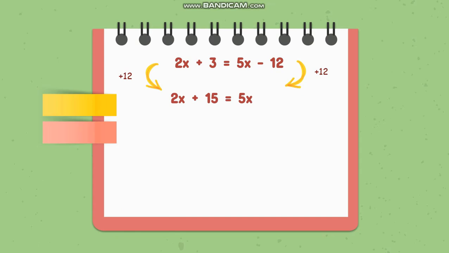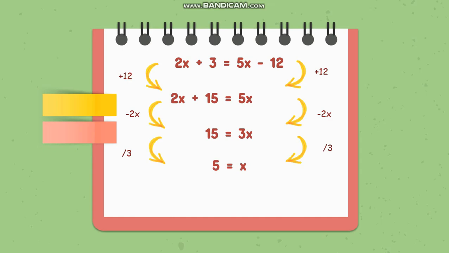And then take away 2x from each side to get 15 equal 3x. Then lastly, to get a single x by itself, we just divide both sides by 3 to find 5 equal x. So x is 5.